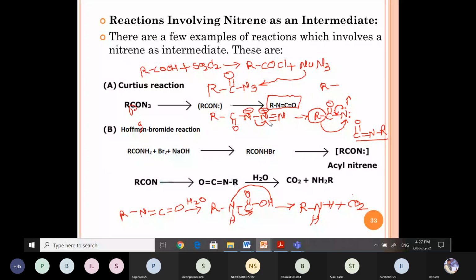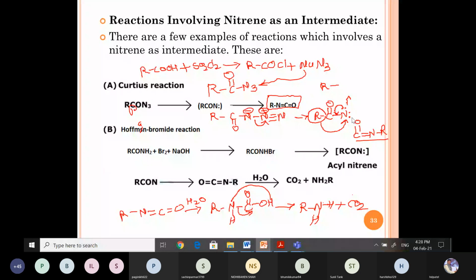From this, removal of HBr will take place by use of certain reagent, and it will convert into RCON, that is called acyl nitrene. This acyl nitrene further reacts with water and converts into carbamic acid, and finally we will get the amine.